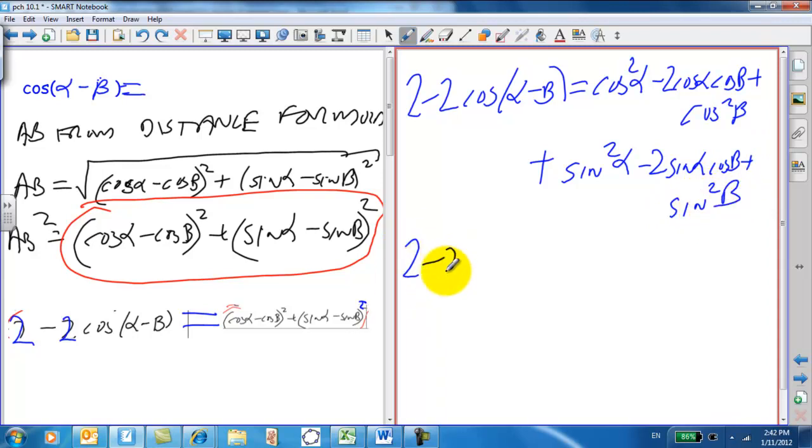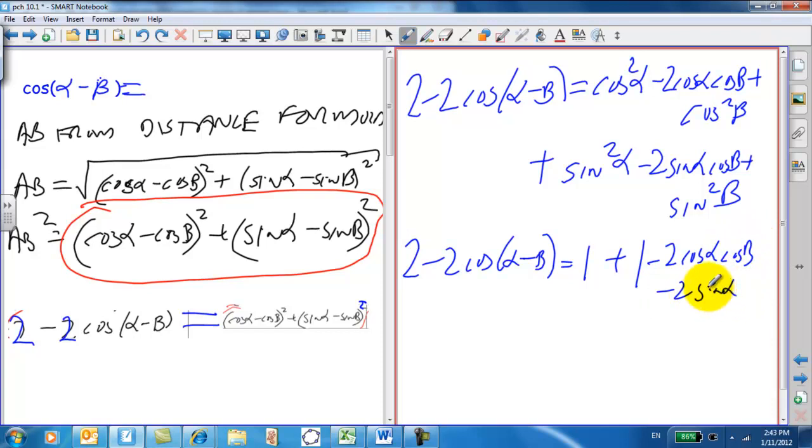So we get 2 minus 2 cosine alpha minus beta equals cosine squared plus sine squared, these two add up to 1. Cosine squared beta plus sine squared beta, those add up to 1. Minus 2 cosine alpha cosine beta minus 2 sine alpha sine beta.